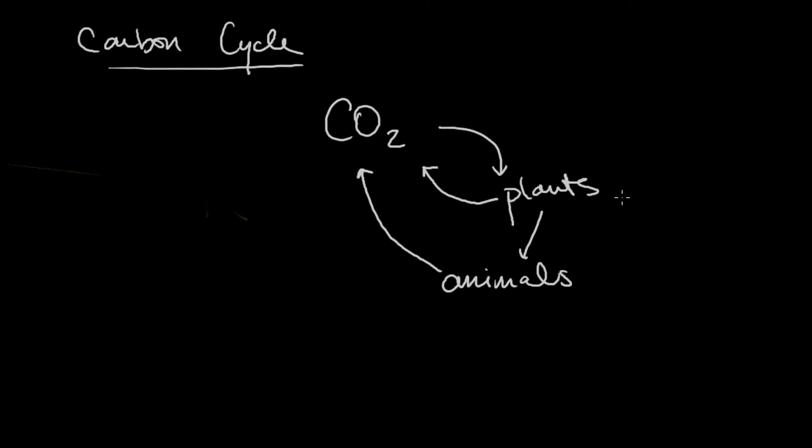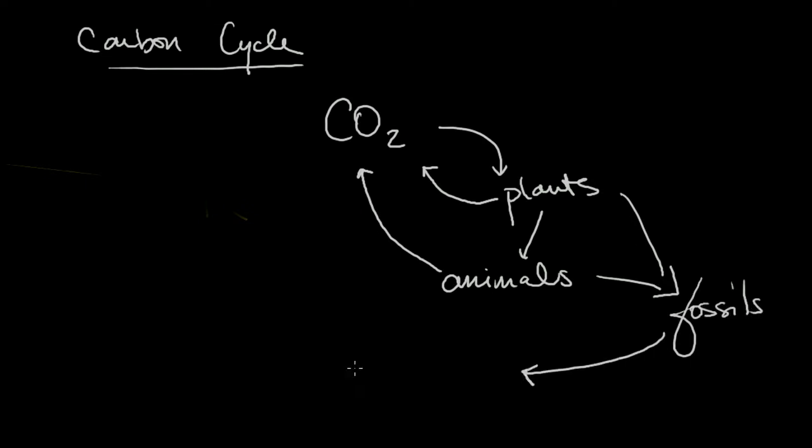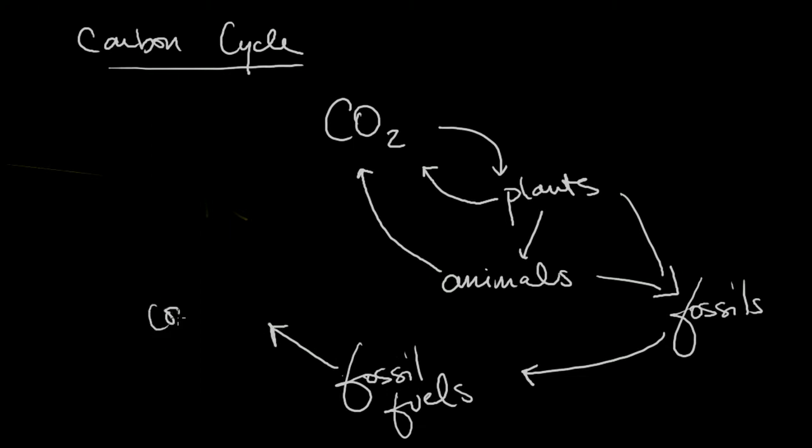But sometimes these plants and animals, when they die, they become fossils, which then may lead to what we would call fossil fuels, like oil and coal and that kind of thing. And what we do with it is combustion. We burn those things, releasing more and more carbon dioxide into the atmosphere.